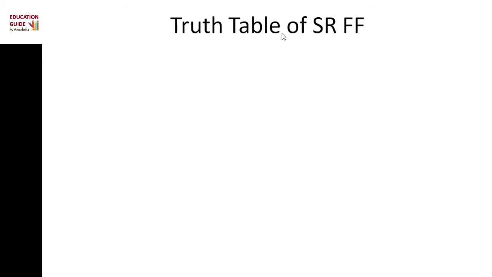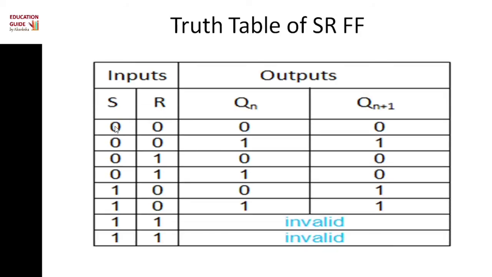This is the truth table of the SR flip-flop. If we give SR is equal to 0 0, then we can get the output as the previous state. If it is 0, then we get 0. If it is 1, then we get 1. But in the second condition, when we give the input of SR flip-flop as 0 and 1, whatever state it is, then we find the output as 0, which means it is the reset input.